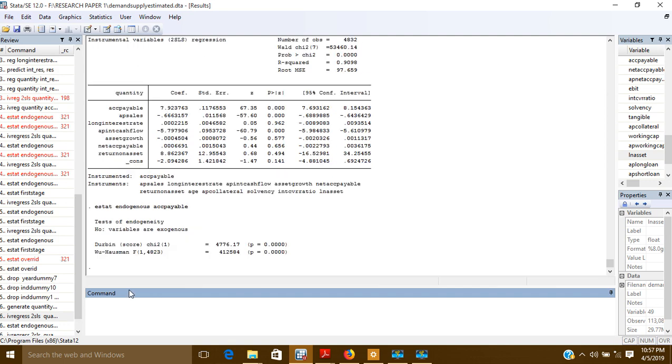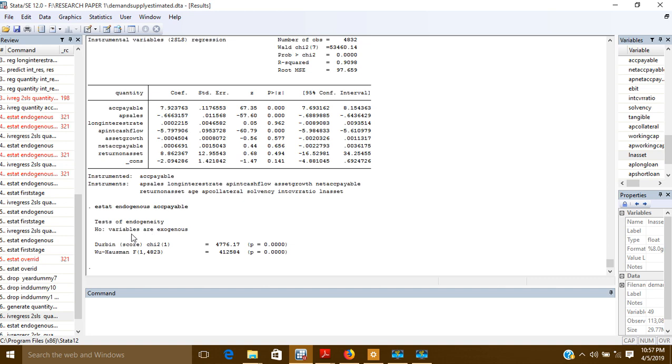Now what you see here is that your Durbin test says 0.00 and the second test also says 0.00. It means that these are significant values, and we can reject the null hypothesis.